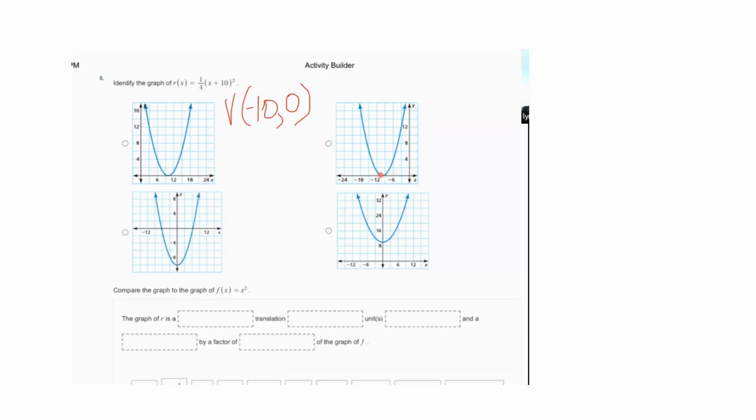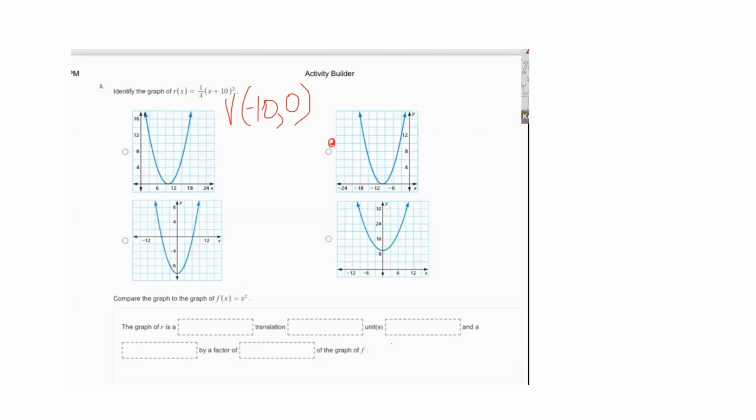There's the vertex, and if we look at the scale here, we've got negative 6, negative 12. That looks pretty close to negative 12, so that's probably negative 10, 0. That would be your winner chicken dinner for which graph it is. Now we just need to figure out how to fill in these blanks down here.